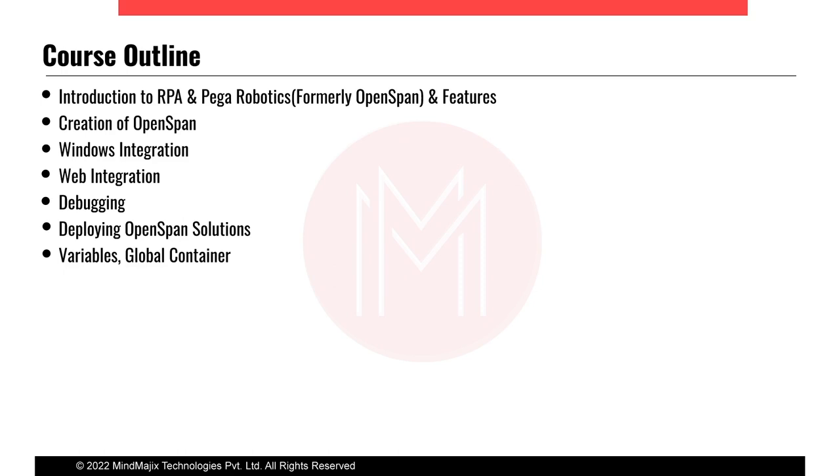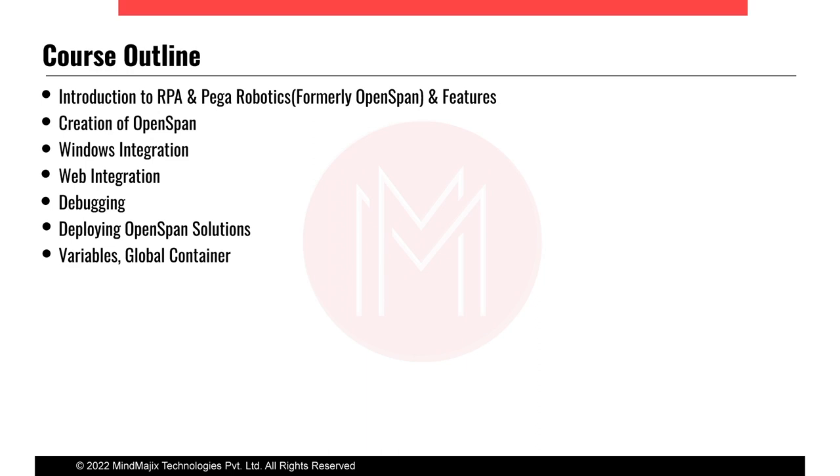If we want to make them private, we can create local variables or public variables, like we do in Java and C Sharp. So the global container is the platform where we can put the public variable, whether it's date based, string based, boolean based, or integer based. This is all about the global containers.